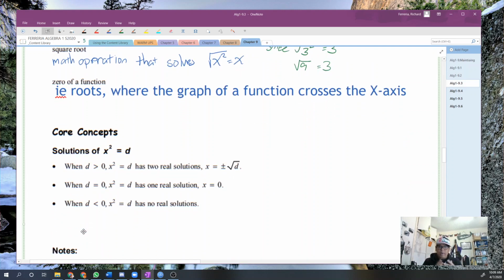If we're solving an equation where x squared equals d, if d is greater than 0, that means we're taking a square root of a positive number, and we'll have two solutions. If d happens to be 0, that means we're taking the square root of 0, and there is only one square root of 0, so there's only one solution. Finally, if d is less than 0, that means we're taking a square root of a negative number, which you can't do. So there are no solutions.